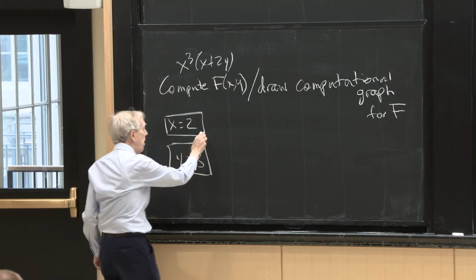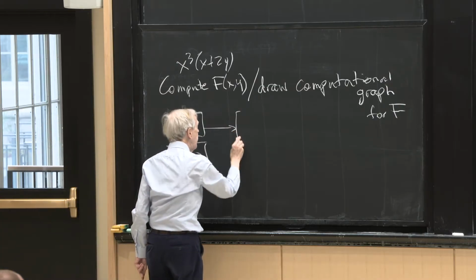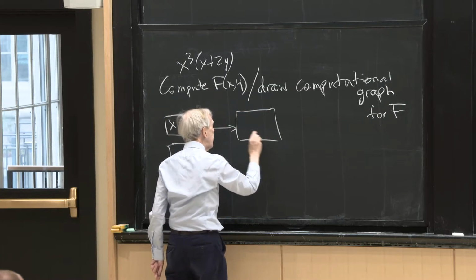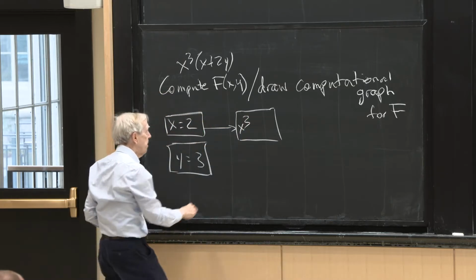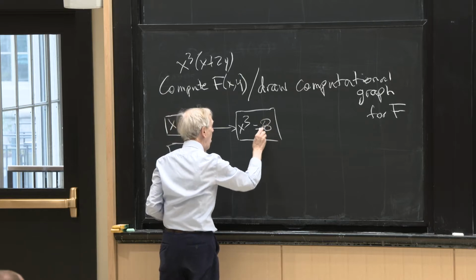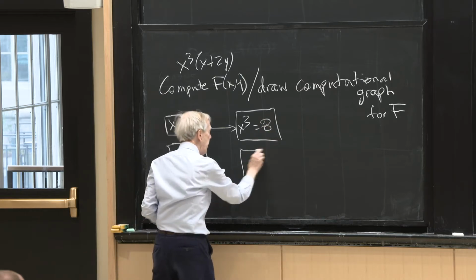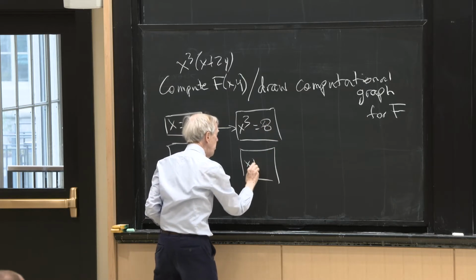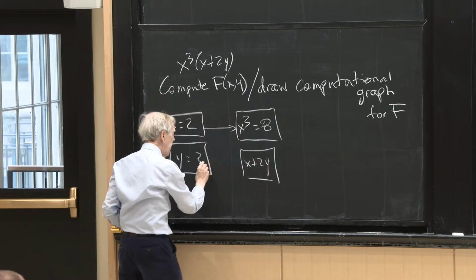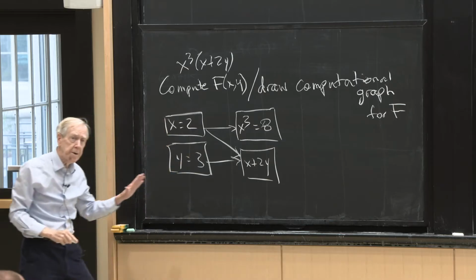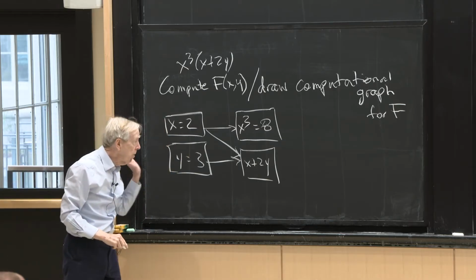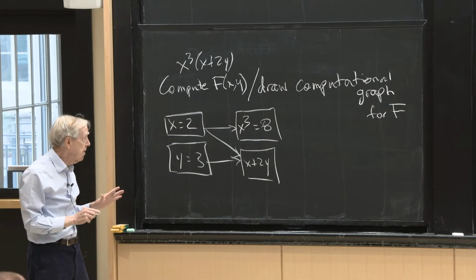So I think the first step will be to find x cubed, that factor, which will be 8. And we have to find the other factor, x plus 2y. That uses y and x. So it's a directed graph. I'm going forward with this computation.